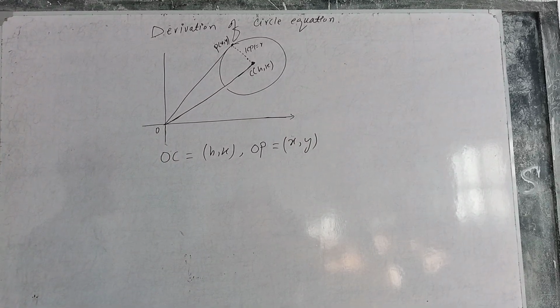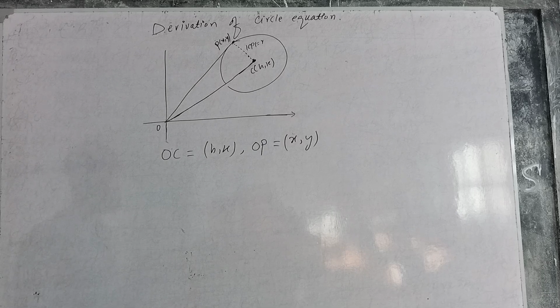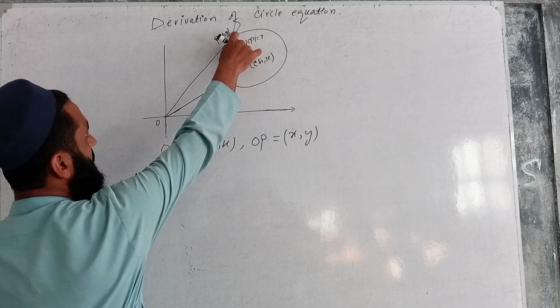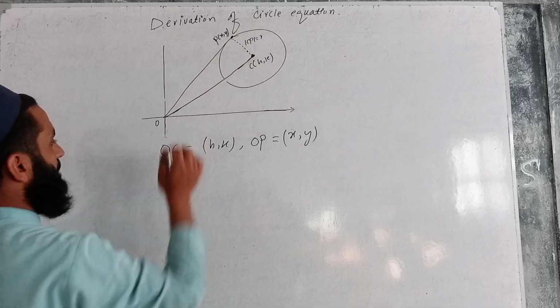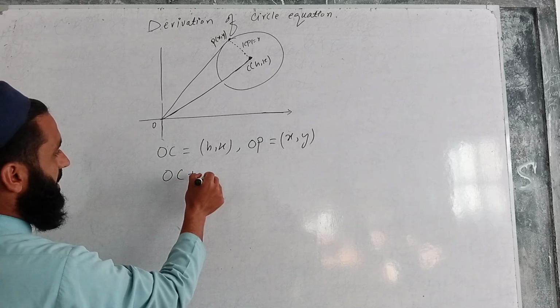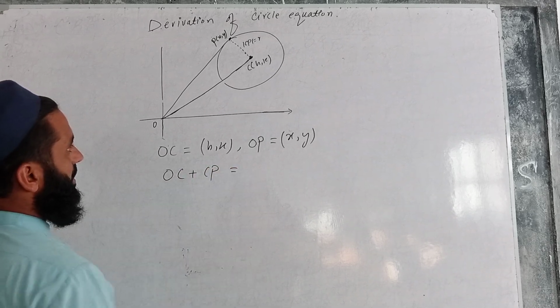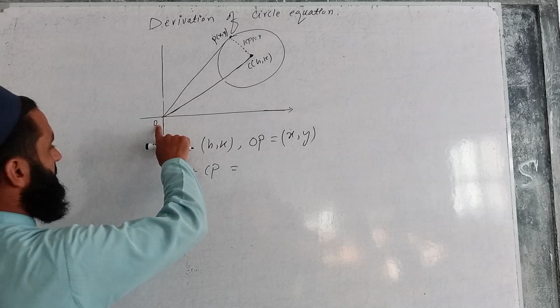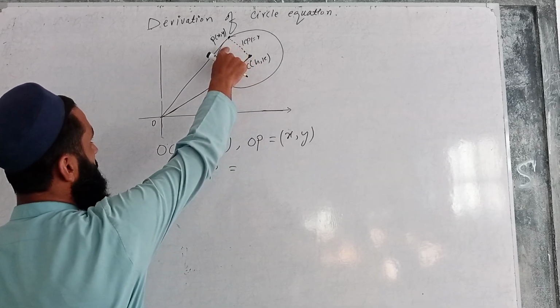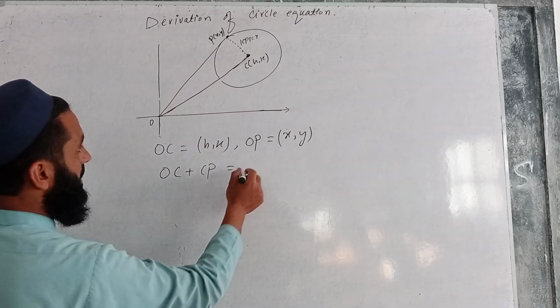So we know that by the triangle law of addition, OC plus CP is equal to OP.